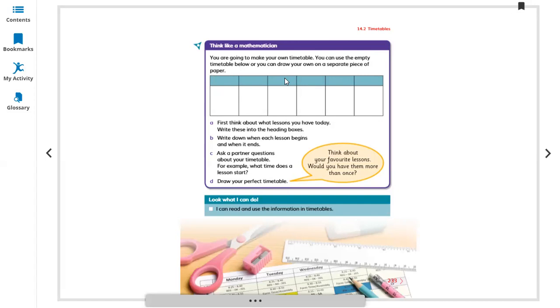You will write your own timetable for the school, which time you have class 1, class 2, and something like this. Or if you want to write the timetable for the exam, you can make it. So the timetable is different. You can draw it in rows and columns or in this table.